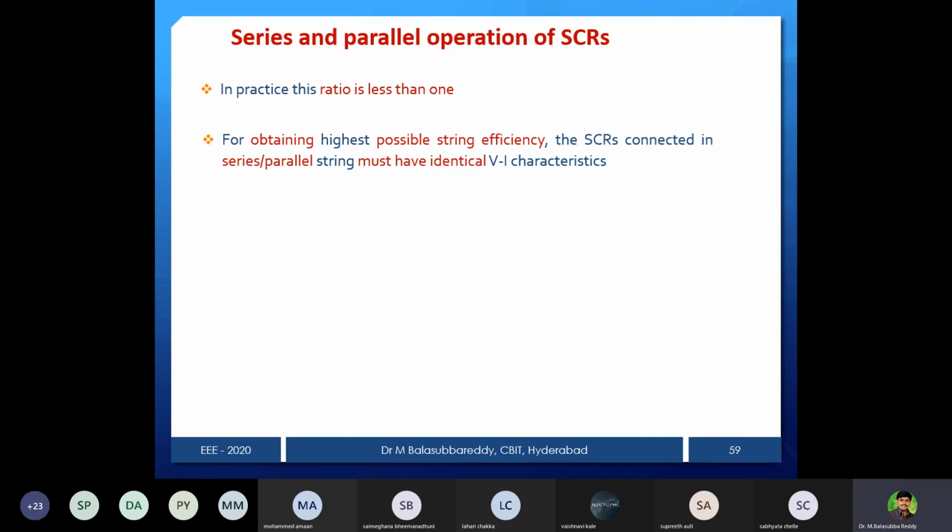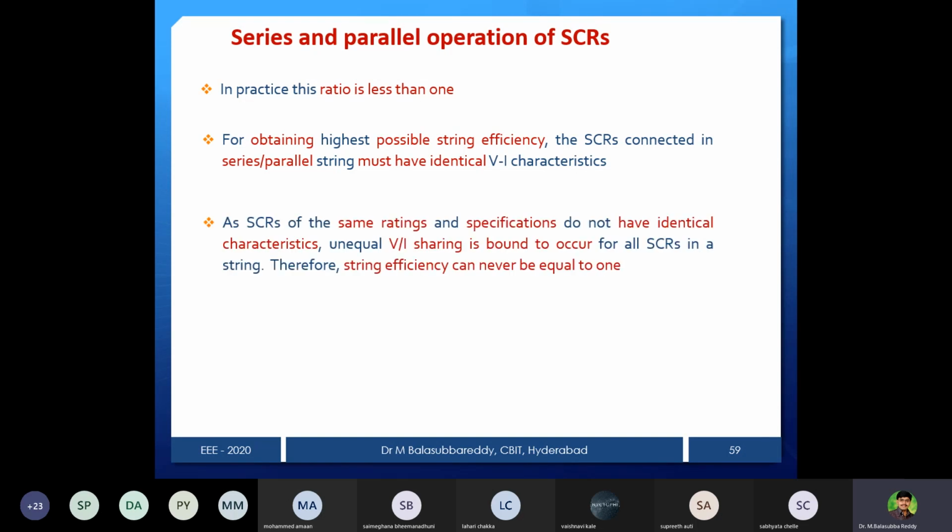Preferably it will be less than 1. But if it gives a higher value, that indicates a high utilization factor. Even with the same rating and same specification, if you are using the SCRs in a string, whether in series or in parallel, the rating and specifications may be the same, but the VI characteristics must be identical.